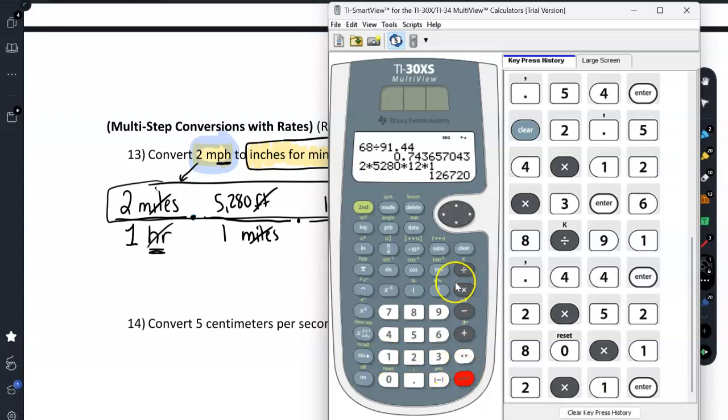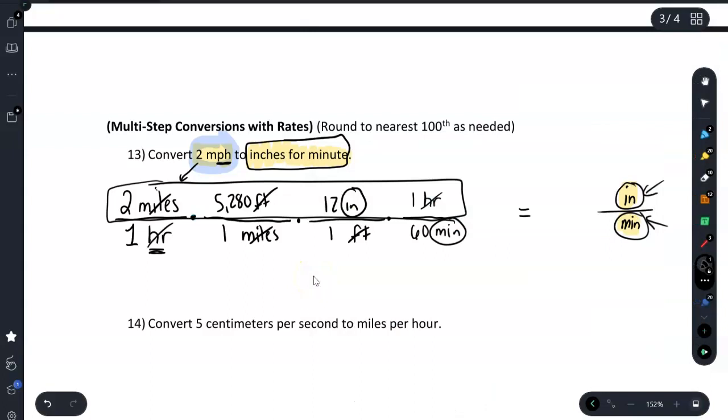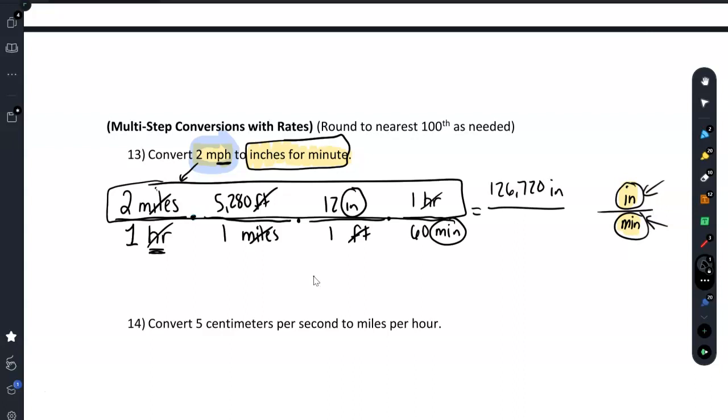All right, so I get 126,720. I'm going to erase this equal sign and put it a little bit further to the left. That would be inches. And when I multiply across the bottom, 1 times 1 times 1 times 60, I get 60 minutes. So now this is the fraction answer.